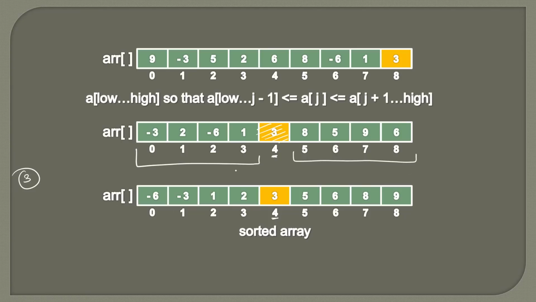So we keep doing this recursively till all the elements are at their correct position. First partition gives one sorted element. If we do this recursively with the left part and with the right part, there will be a time that all the elements will be properly sorted and they will be at their correct position. So the recursion step is important.